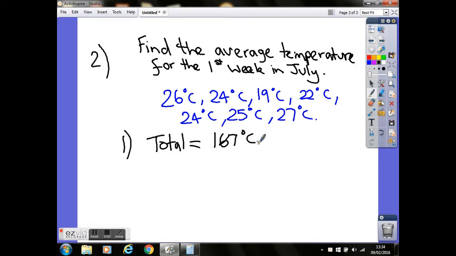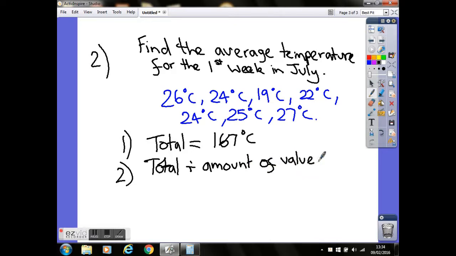Okay, and then the second step, again, same as before, you just need to take your total divided by the amount of values that you have. So our total was 167, which we've just worked out, 167 degrees C, and that needs to be divided by how many values we've got.